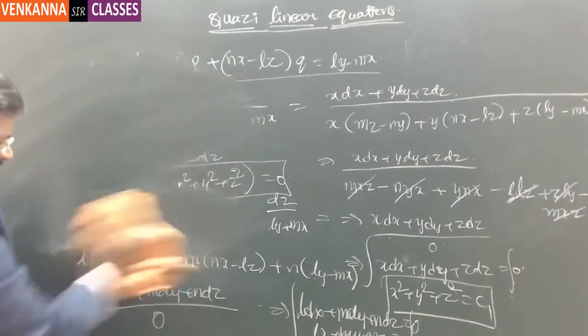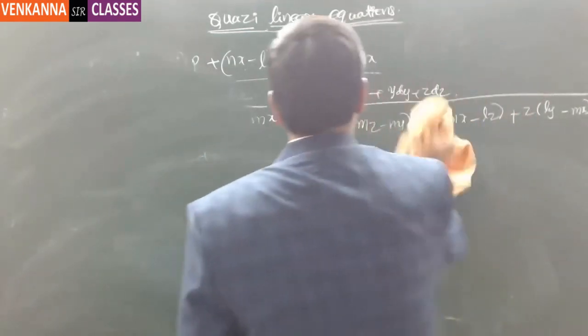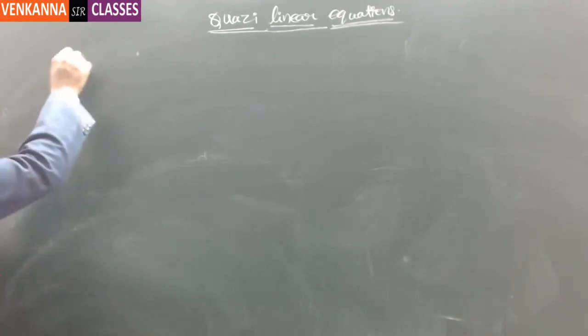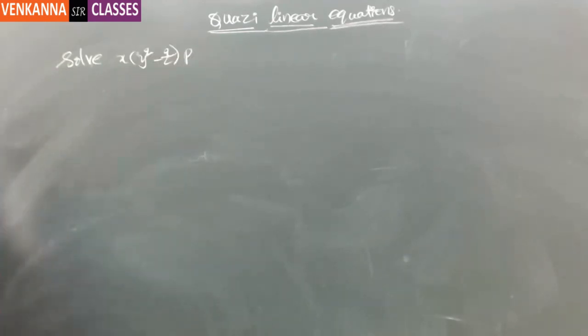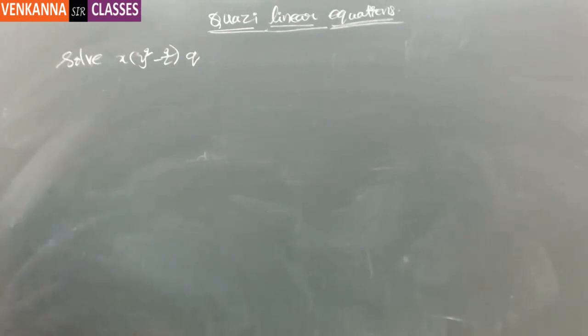Note down one more. Solve x into y square minus z square into p, sorry, x into y square minus z square into p, minus y into z square plus x square into q.